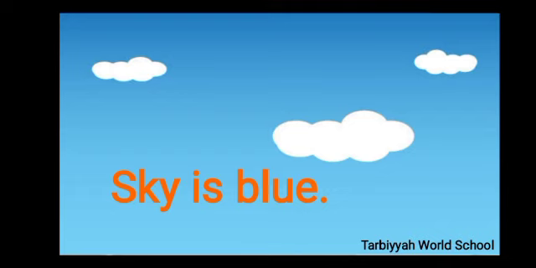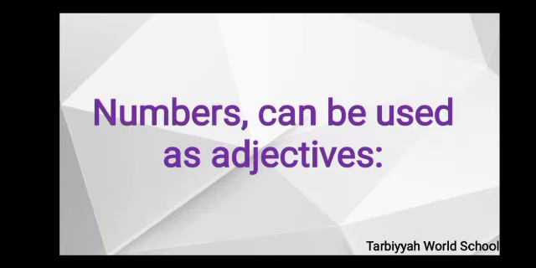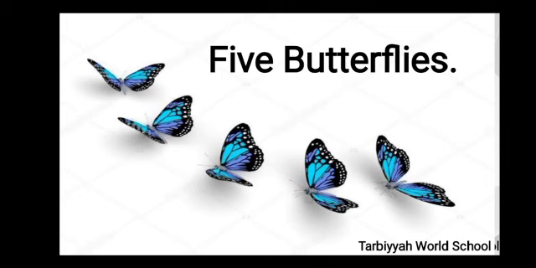Okay? You get it? Now see, numbers can be used as adjectives. See, how many butterflies are there? 5 butterflies. So here an adjective 5. Okay?